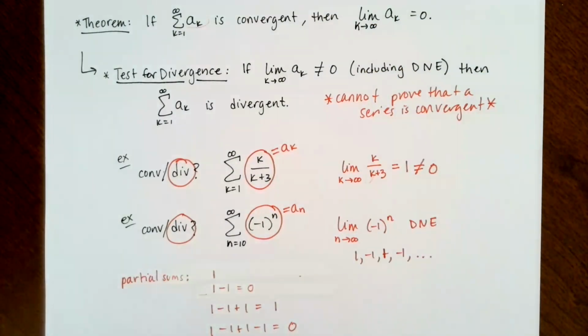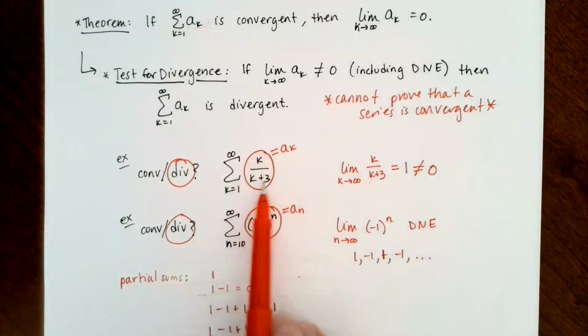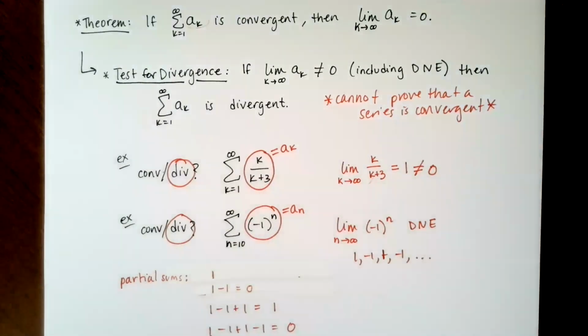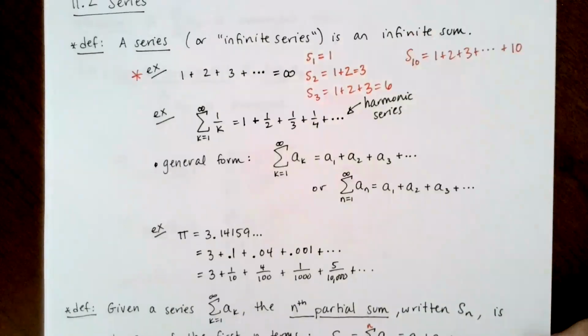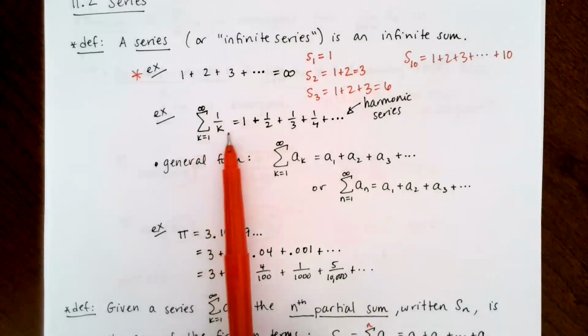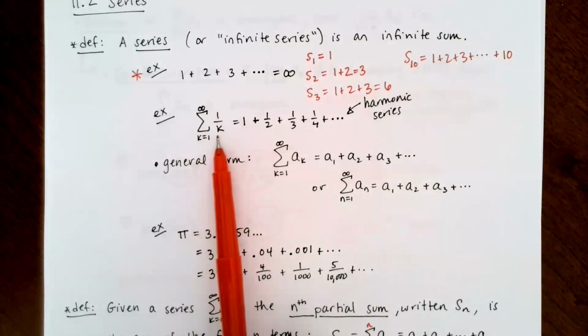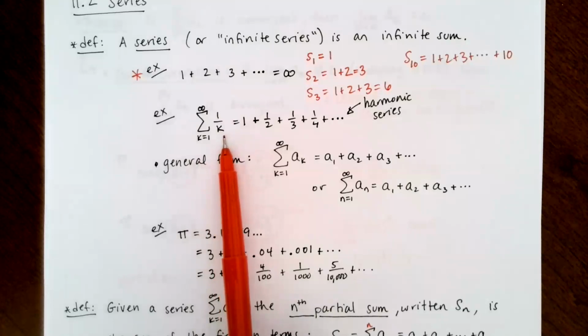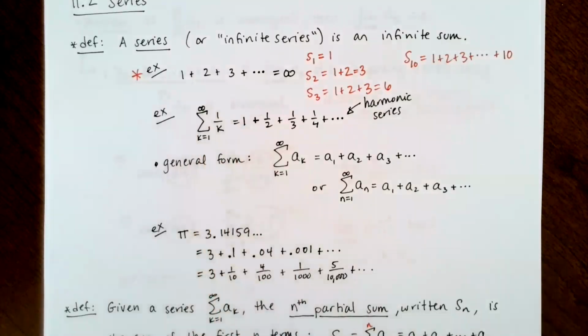If you do come across a series where the terms go to 0, such as in our very first or very second example here, these terms go to 0 as a sequence. So the test for divergence just kind of says, well, maybe it's not enough information. And in fact, this is a divergent series and a really, really tricky one.